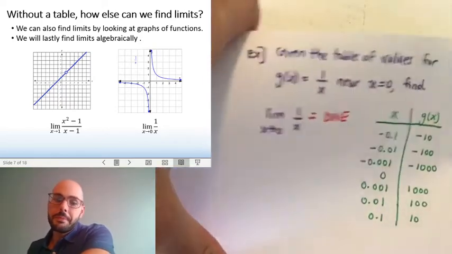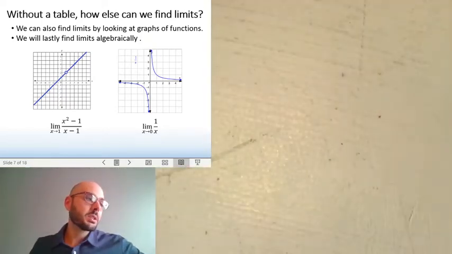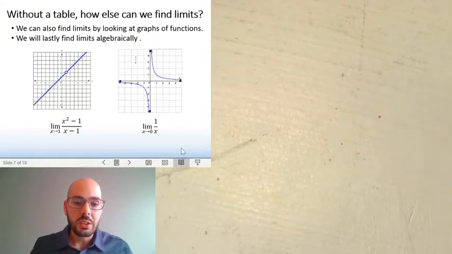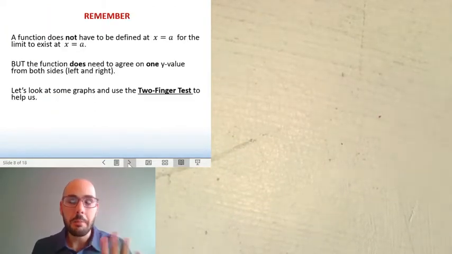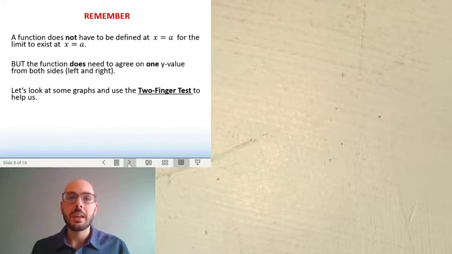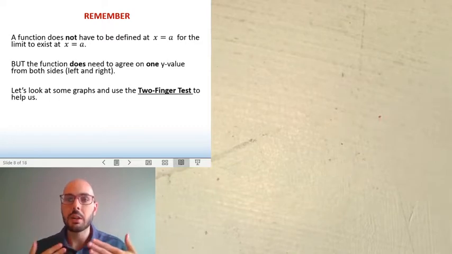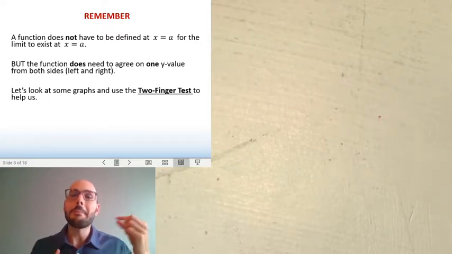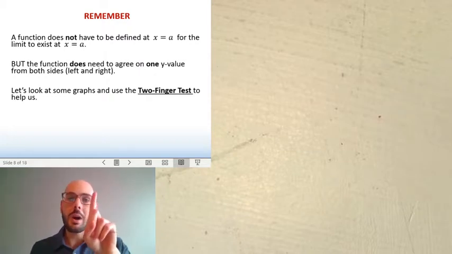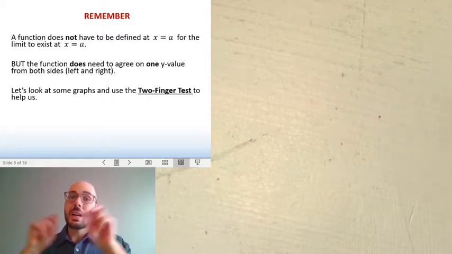Okay. So a couple reminders before we start doing this, just to recap a few things that we learned. A function does not have to be defined at a point for the limit to exist there. It's going to be very important. But the function does need to agree on one y value from both sides, from the left and the right.